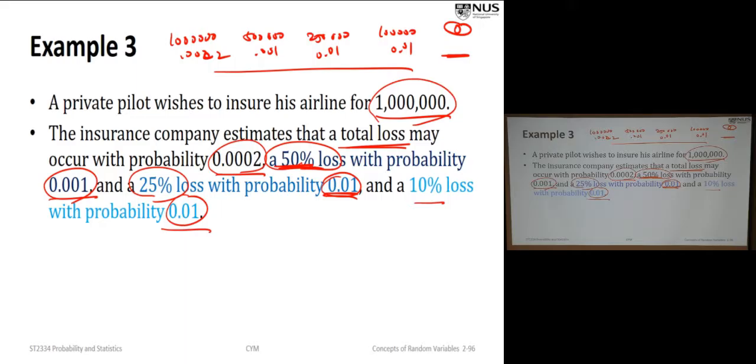So I explicitly state the probabilities corresponding to each of these values. So 100% loss is only 0.001 chance. 50% loss means the insurance company has to pay out 500,000, and the probability is 0.001. And for the rest of the values, except these, the chance of paying that amount is 0. So it's considered discrete.